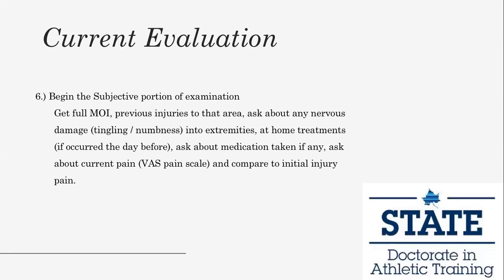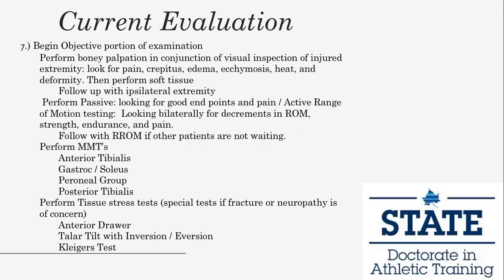And then I like to ask them if their current pain now, if the injury happened a day or two before, is the same, worse, or better. That just gives me a quick synopsis of where the injury is going right now or how severe it could potentially be.